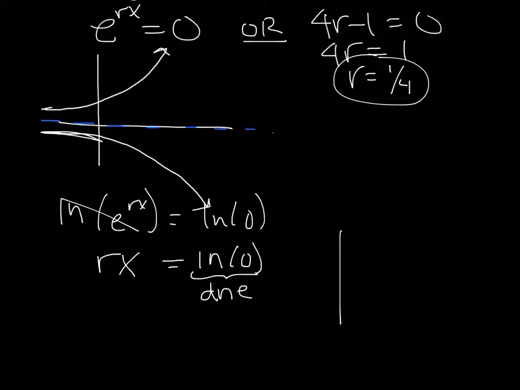If you draw the log function, ln of x, when is this function going to be 0? If x is 0, what's my y value? Well, this guy will get closer and closer to this line, but it will never intersect that line. So your only solution is 1/4.